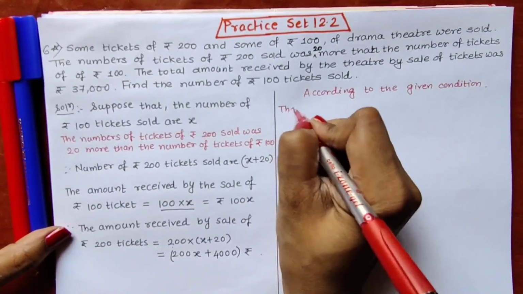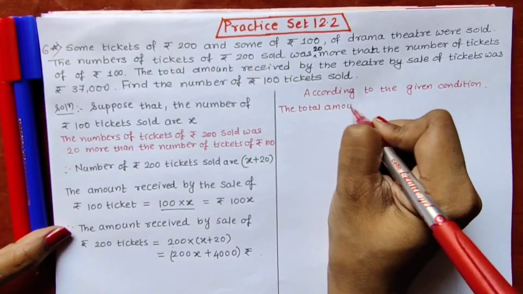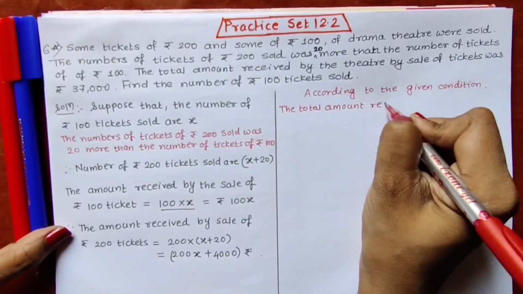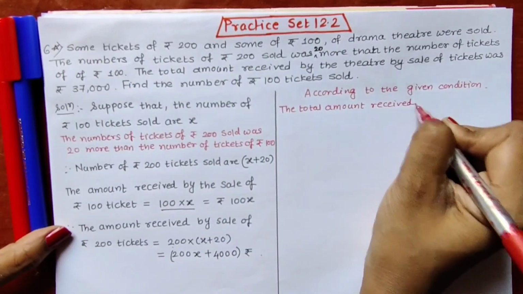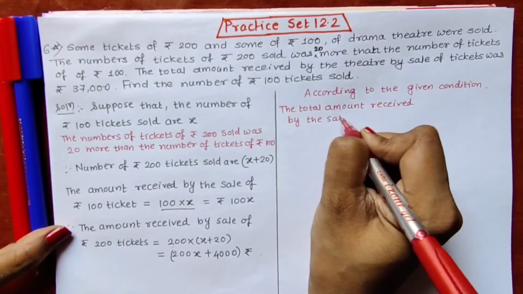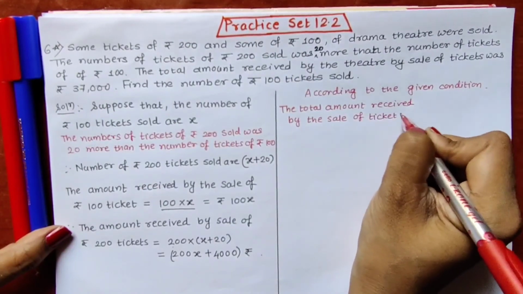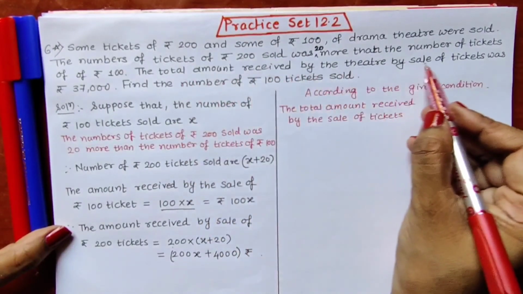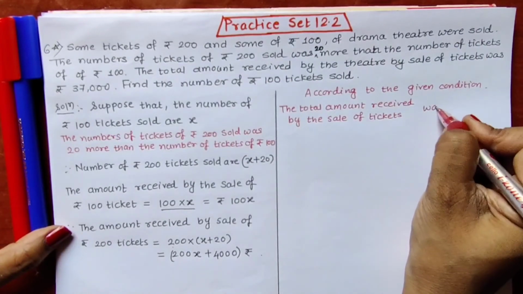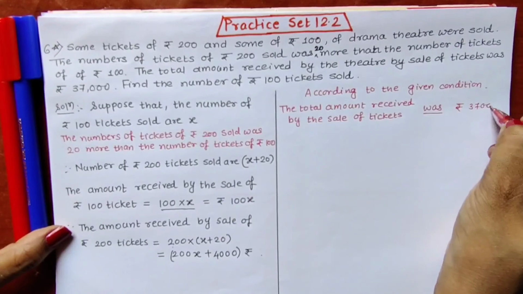The total amount received by the sale of tickets was rupees 37,000.